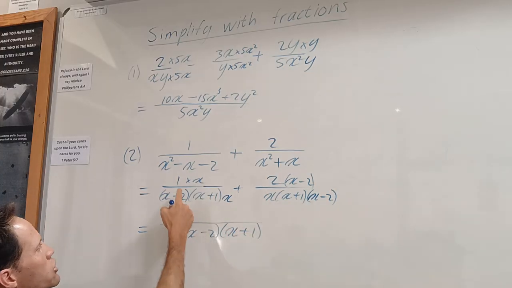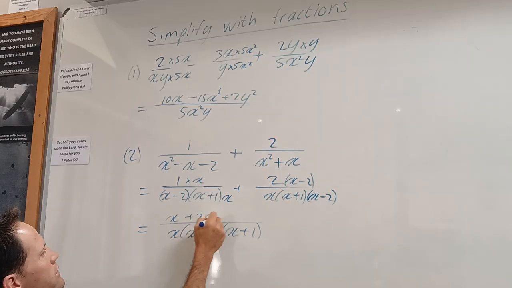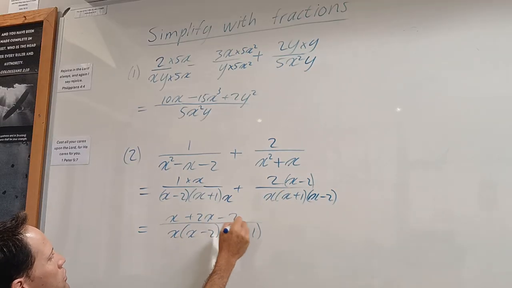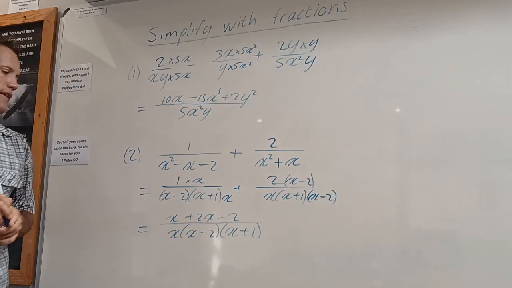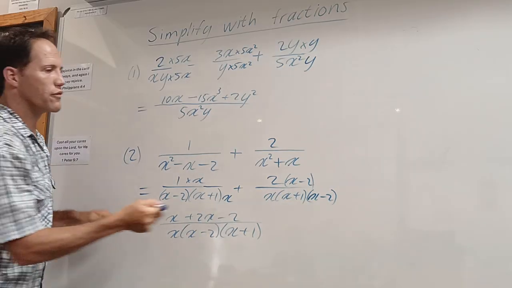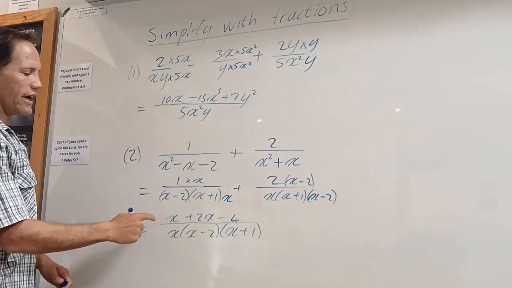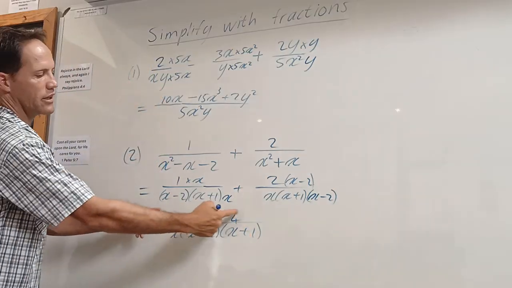So now I can say, make it x minus 2, x plus 1. And now at the top it's going to be 1 times x is 1x. 2 times x is 2x. And 2 times negative 2 is negative 4. Sorry, negative 2, yeah, it's negative 4. And then we're going to say x plus 2x is 3x, and then minus 4.